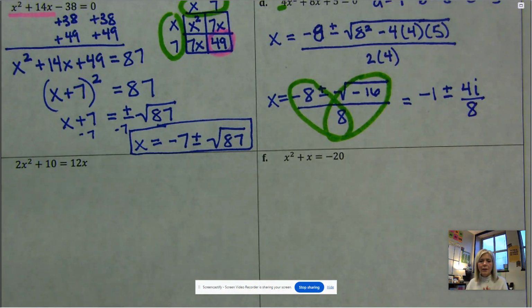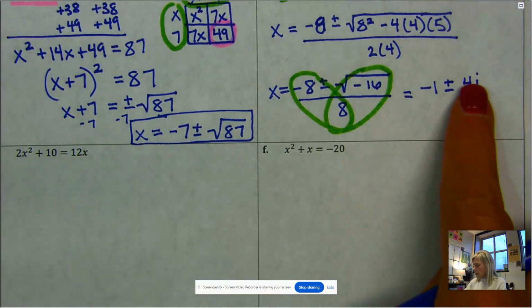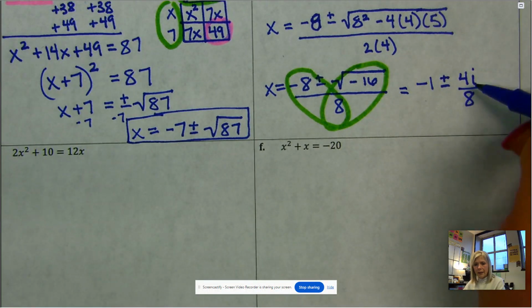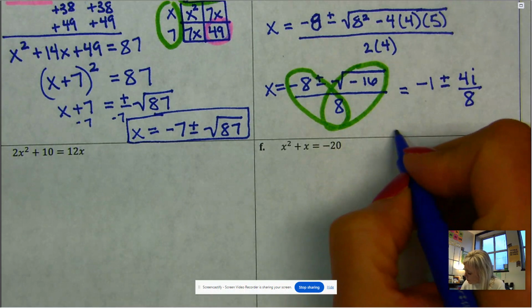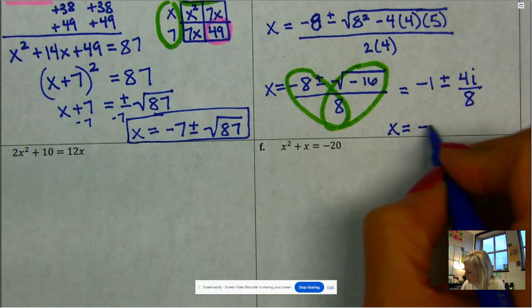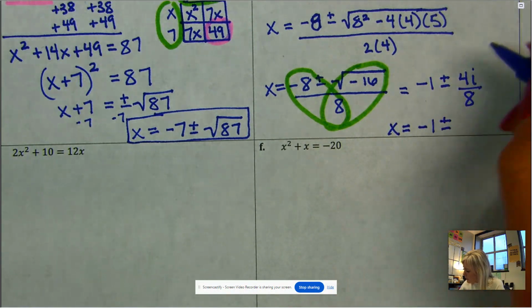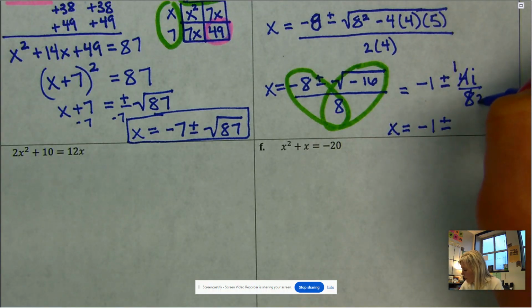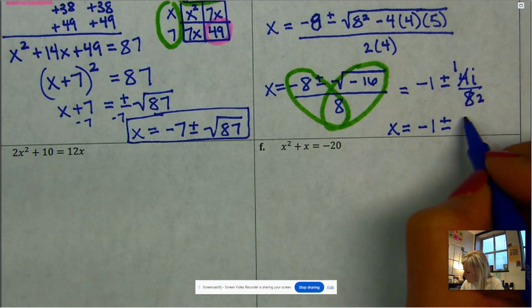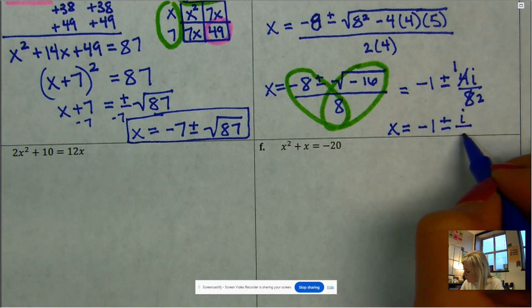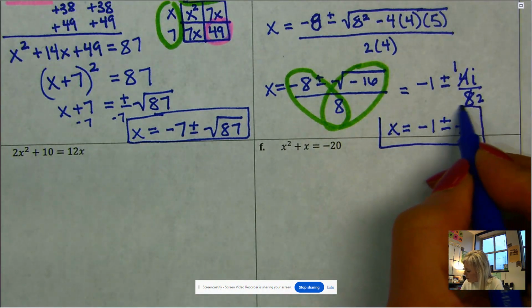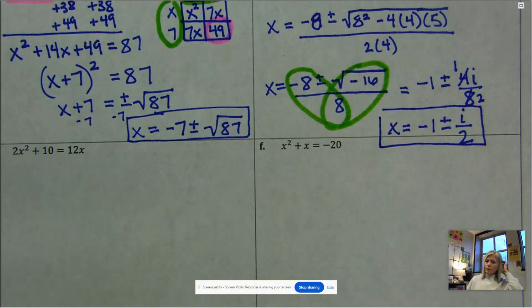And then one tiny little detail is that this can be simplified because 4 divides into 8. So you can write your final answer as negative 1 plus or minus. So 4 goes into itself once and into 8 twice. So that would just be 1 times i, which is i, over 2.